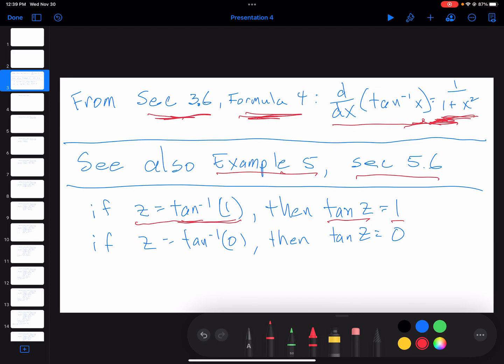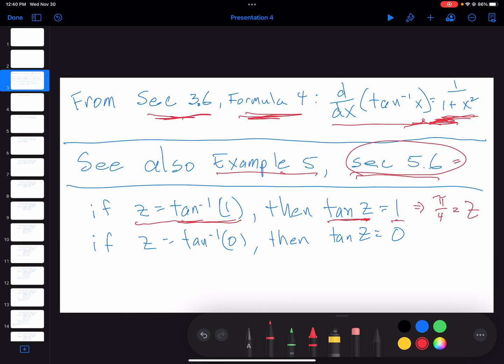For the range we're looking at, and they talk about limiting the range somewhere back in section 5.6, the range we want to consider is, I think, negative pi over 2 to pi over 2. In any case, what tangent of what angle equals 1? It's pi over 4. Yeah, pi over 4 equals z here.